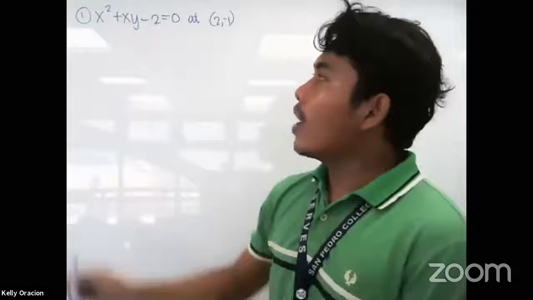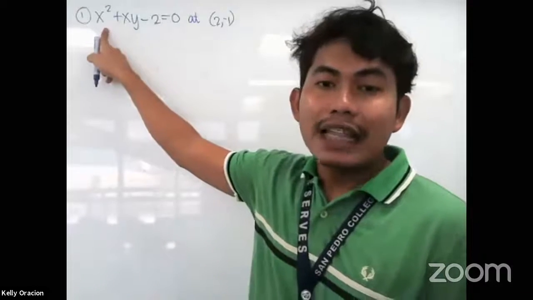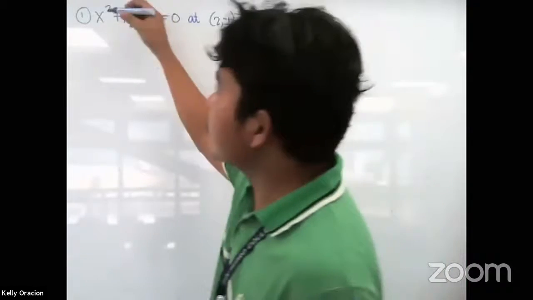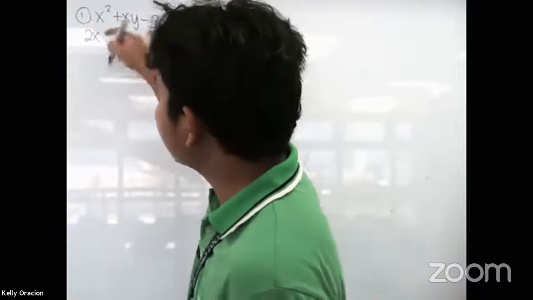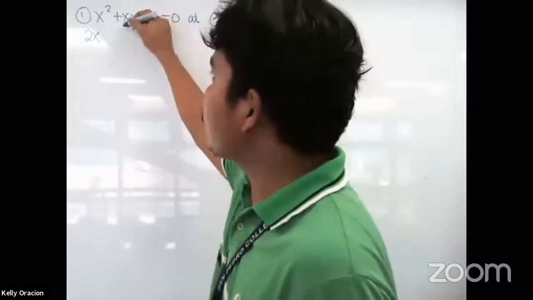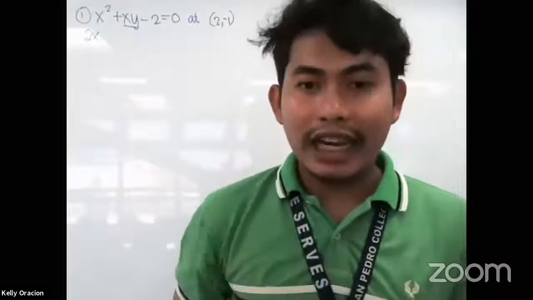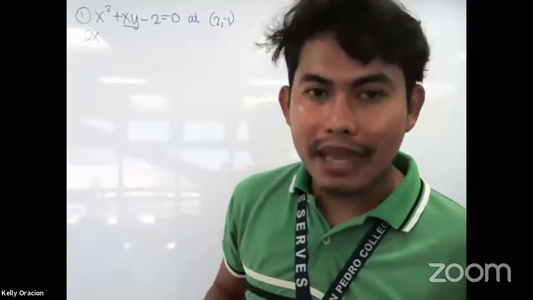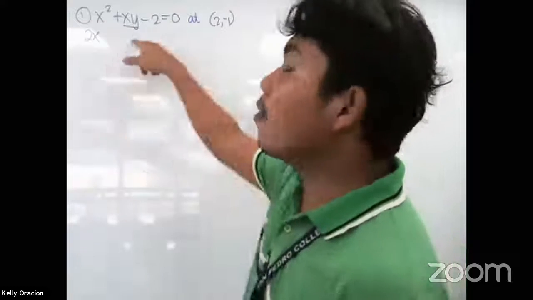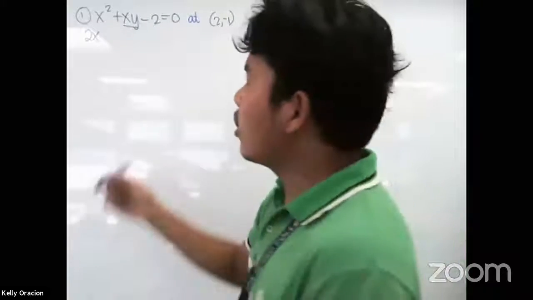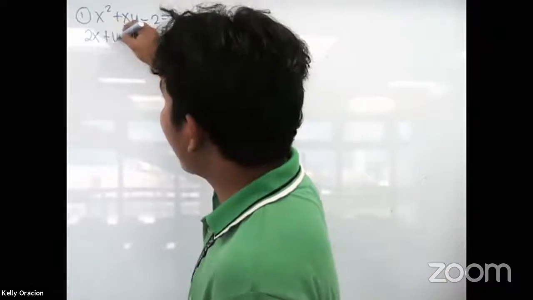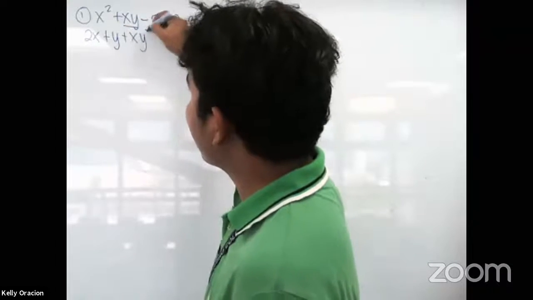So now, what is the derivative of x squared? The derivative of x squared is 2x. And what is the derivative of xy? Yung pinakita ko na PDF, doon ka magbe-base. The derivative of xy, using product rule, is y plus xy prime.